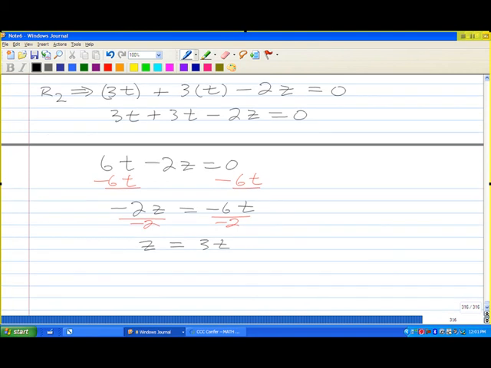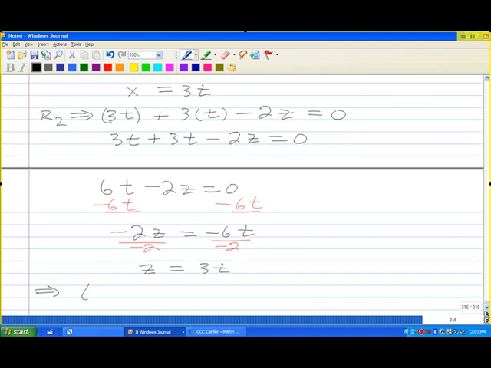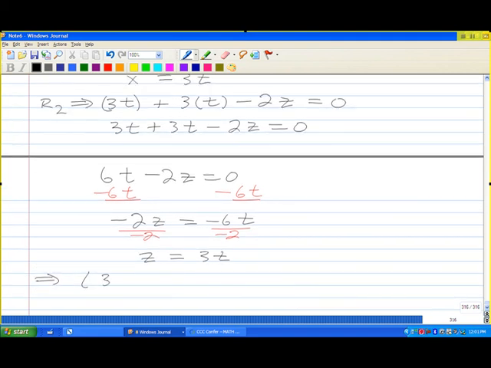So therefore, my solution can be written as x, which is 3t, y, which is t, z, which is 3t. And this is true for all t.